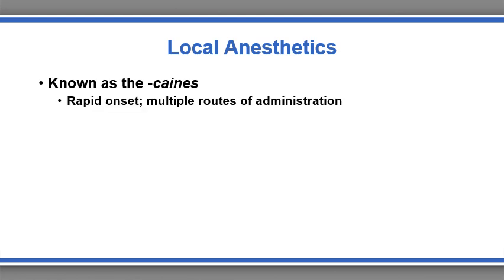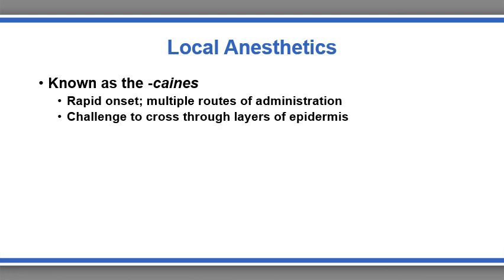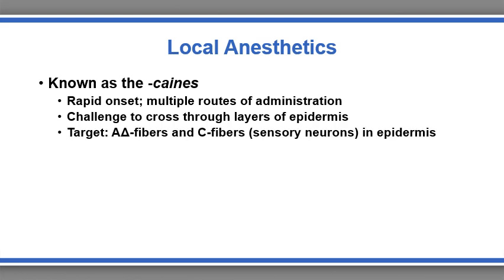What you're going to see is a rapid onset, and there are multiple routes of administration: injections, patches, and topical applications. The idea is to get it to cross the various layers of the epidermis, the outermost layer of the skin, so that it can reach the target fibers, the A delta and C fibers in the epidermis.